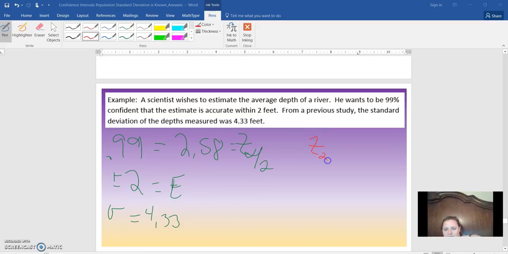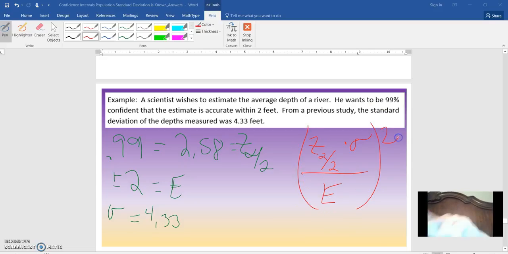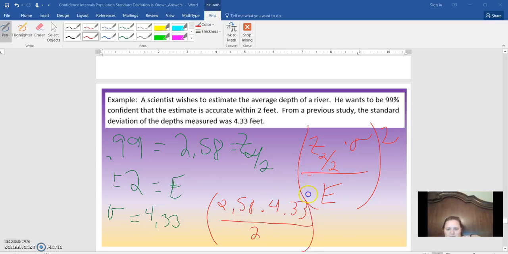Right, and our formula was z alpha over 2 times sigma over E, squared. Alright, so I'm going to do 2.58 times 4.33 over 2, squared. 2.58 times 4.33 divided by 2, squared.